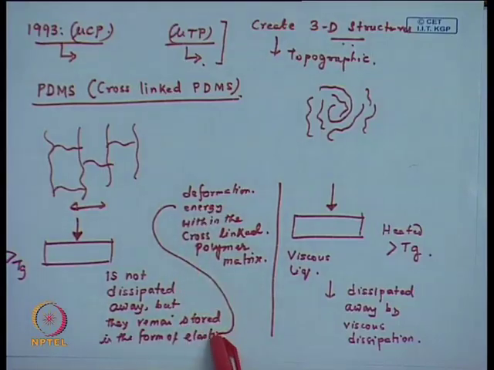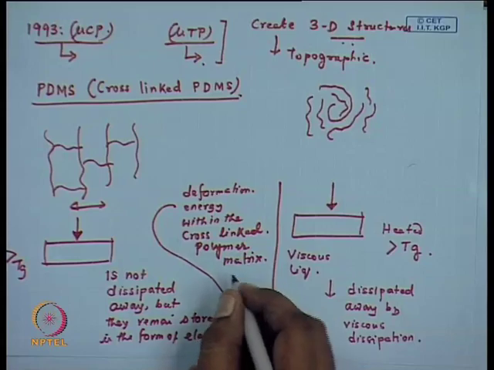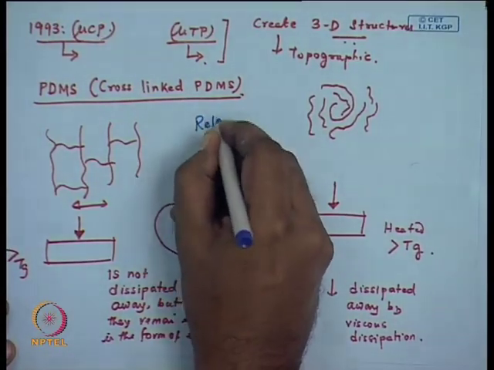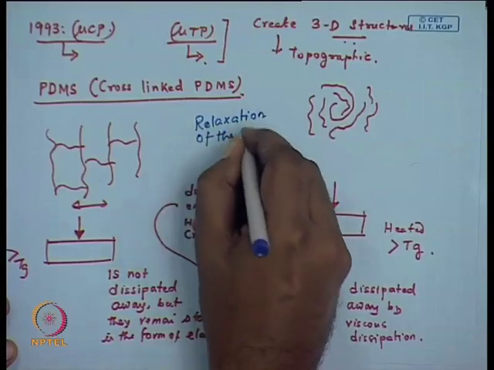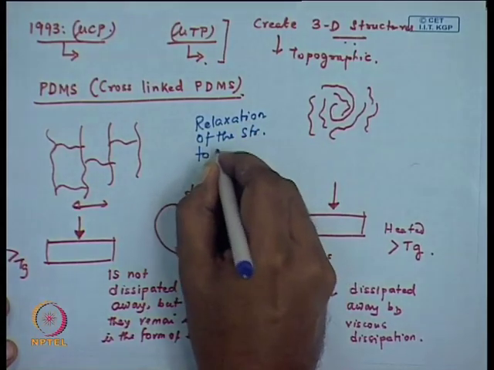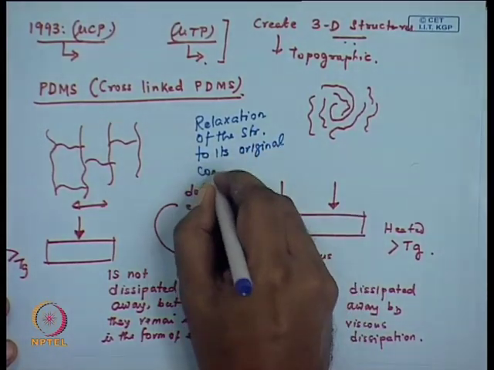So, this energy is stored in the form of elastic deformation energy within the cross-linked polymer matrix, and once the external deformation force is withdrawn, this stored elastic energy is responsible for relaxation of the structure to its original configuration.